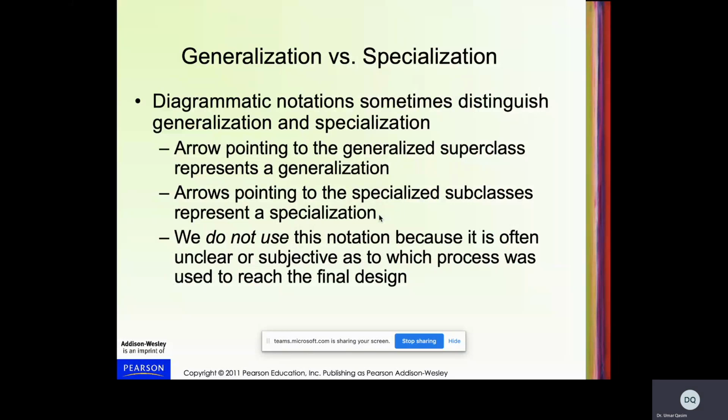But in this book, or the material we are covering, and I think this is a better approach, you don't know where you are starting, because it's all mixed up, whether you start with subclasses or superclass.